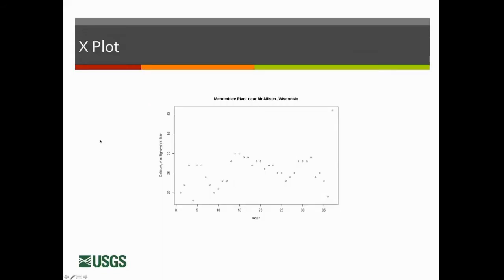So, scatter plots. You can essentially do a scatter plot that is univariate. This is calcium, and I just plotted the calcium data, so it's in order of the values in my data set. So assuming that order has meaning, you could just plot the calcium.